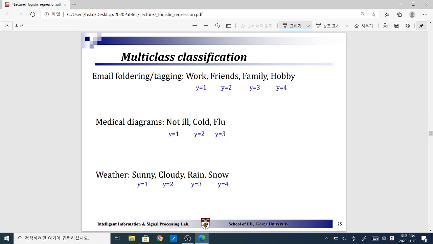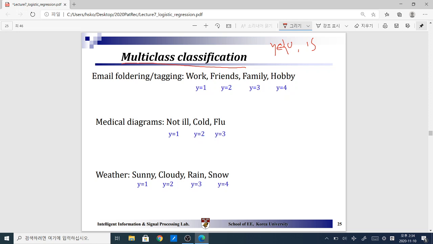That brings us to expanding this binary case into multi-class classification applications. We just talked about, for example, the label being 0 and 1, which is the binary case. Let's say we now have more classes, more labels to classify.